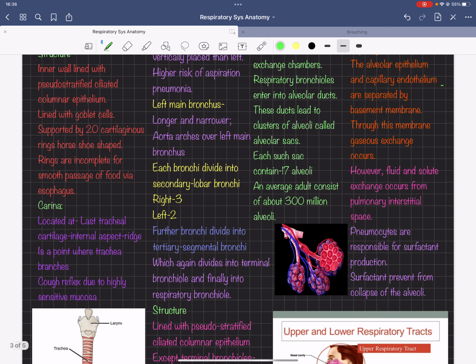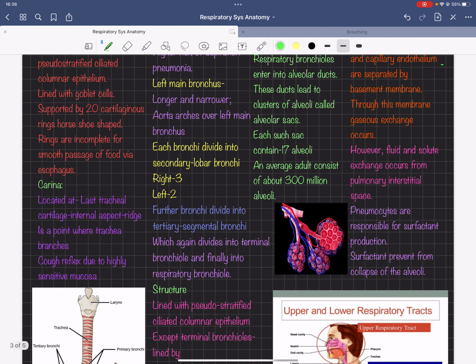So now each bronchus divides. Now that the trachea has bifurcated into the left and the right bronchus, they again divide into bronchi known as the secondary lobar bronchi. The right bronchus divides into 3 secondary lobar bronchi, whereas the left bronchus divides into 2 secondary lobar bronchi, right?